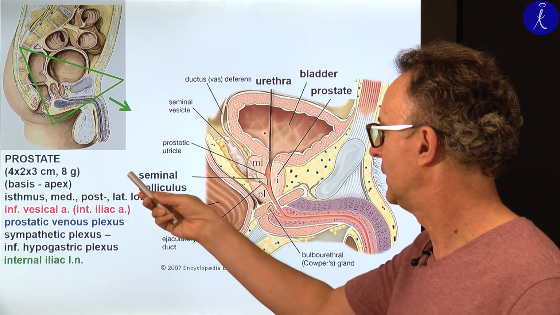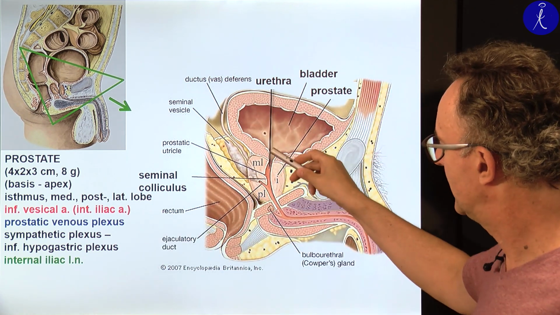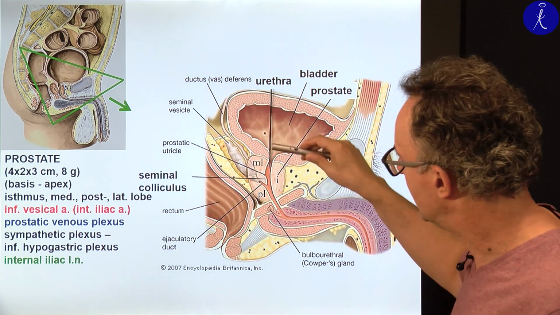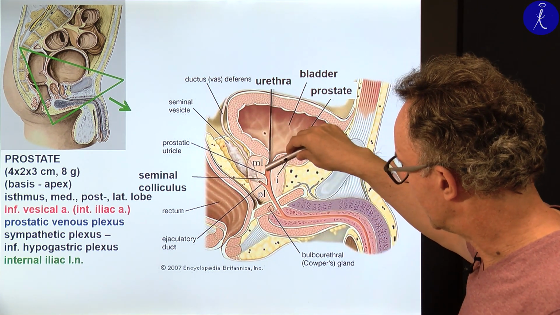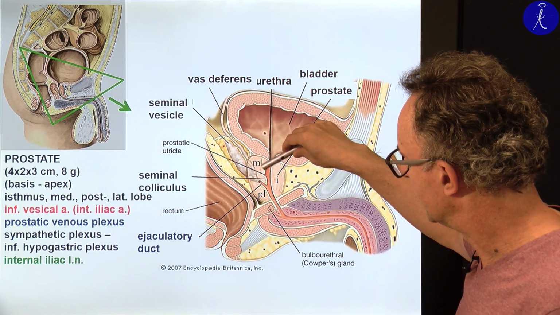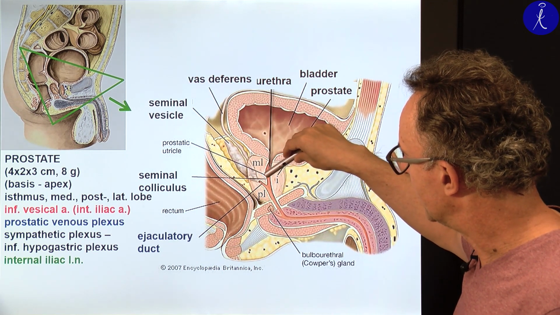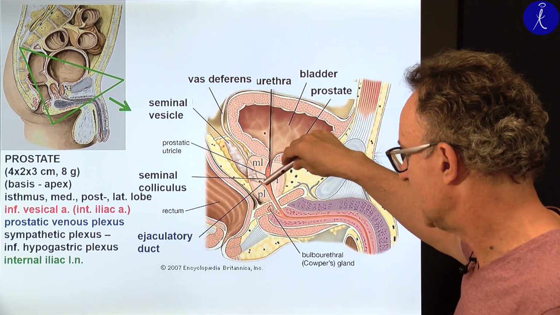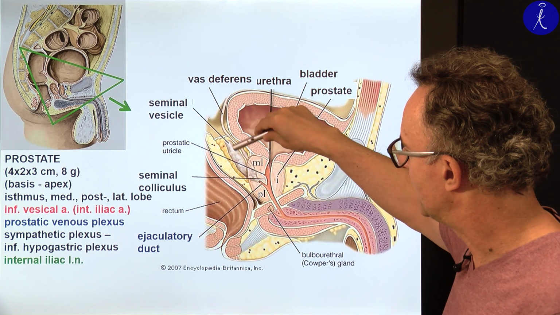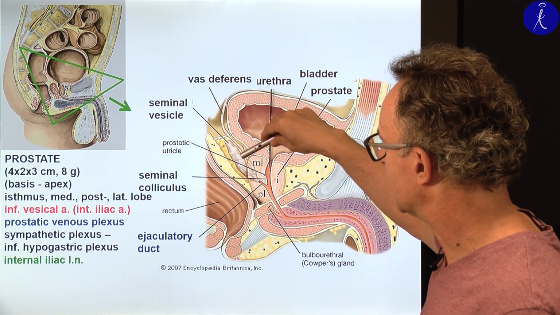Otherwise, we have medial, lateral, and posterior lobe. Close to the midline, we see only the medial and the posterior lobe. And we see tiny structures opening into this urethra. The ejaculatory duct is out of the plane, so close to the midline. And we see behind the seminal vesicle as well.